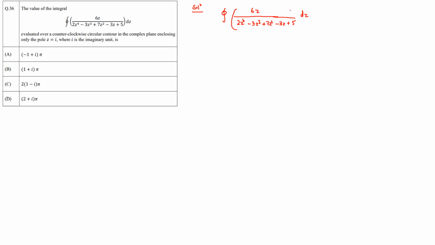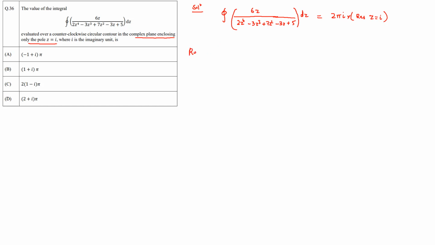We have just seen from the last slide that we can use the residue theorem to say that this will be equal to 2 pi i times the residue at z is equal to i. That is because it has been given in the question that this contour encloses only one pole, at z is equal to i.